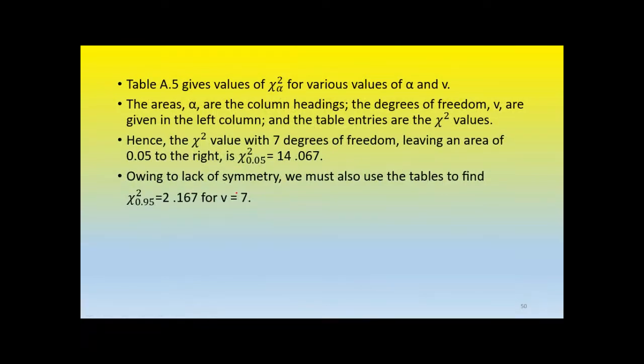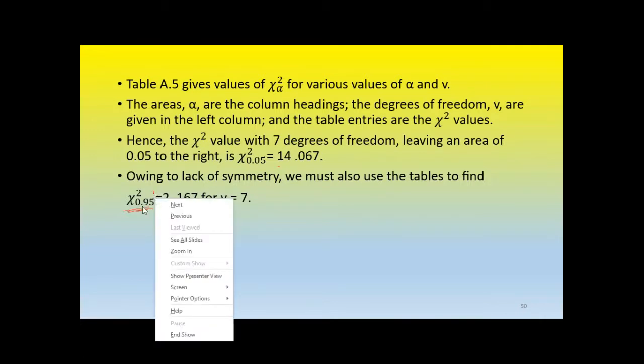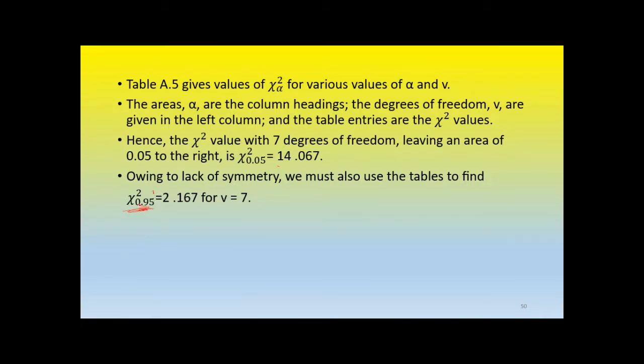Owing to the lack of symmetry, we must also use tables to find the other values. It's not 1 minus alpha. We cannot simply subtract. If you want the chi-square value for 0.95, you have to separately find it.